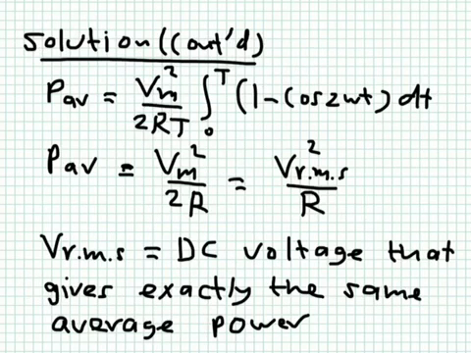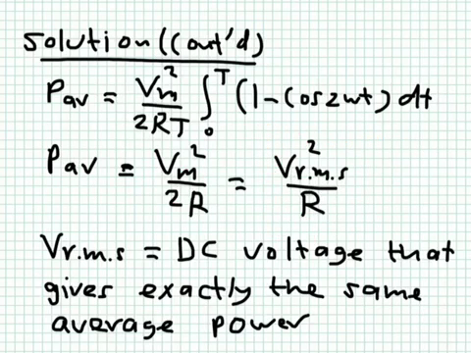Then now we know that the average power for a sinusoidal source is Vmax squared divided by 2R. But Vmax over square root 2 is what we call the RMS value for any sinusoidal signal. So this means that the average power dissipated in the resistor in this case is Vrms squared divided by R. What does this remind you of? This is the same expression we use for the power in DC examples.